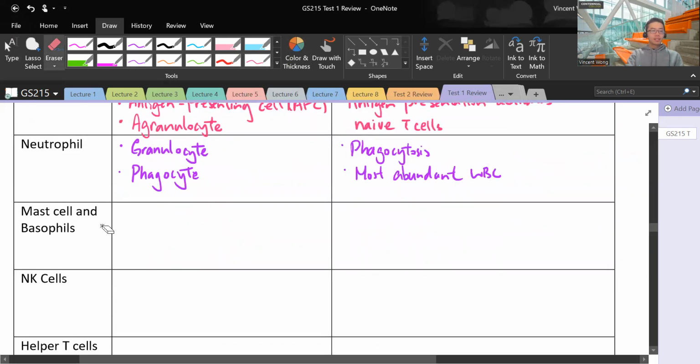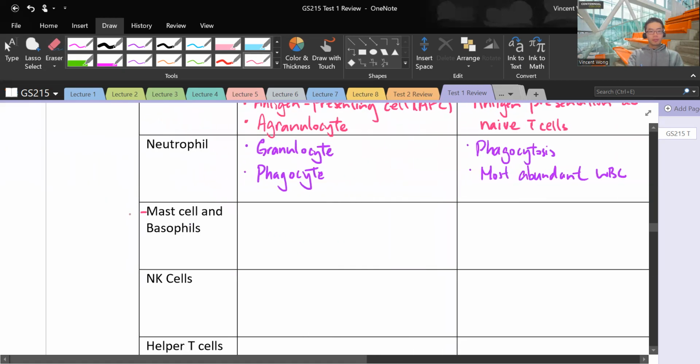Next, we have the mast cells and the basophil. Probably worth writing down: the mast cells are anchored to tissue, and the basophils are in circulation. These are granulocytes, cells where you can see their visible granules.